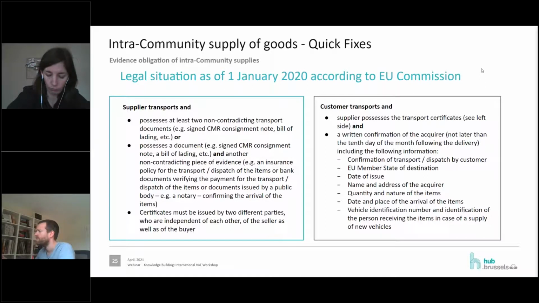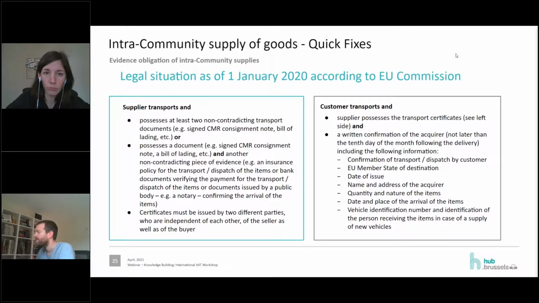So it's basically a document confirming that your customer picked up the goods, or the goods arrived at his place. On this document, you should have the EU member state of destination, date of issue, name and address of the acquirer, and a whole list of other information that should be included in this document.